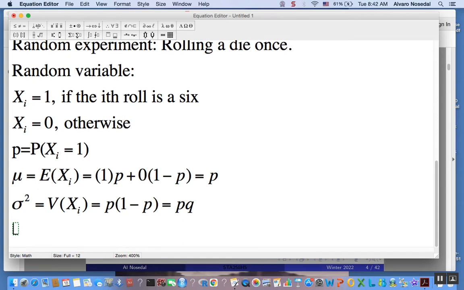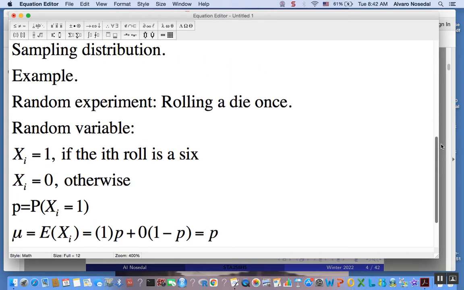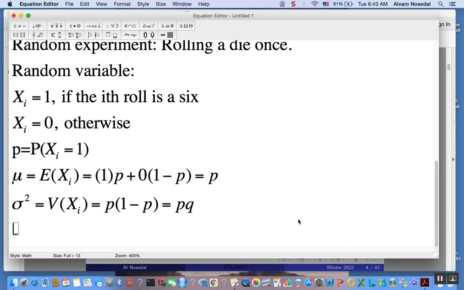So we have our random variable defined. Remember that we are trying to come up with an example of a sampling distribution, and a sampling distribution is just the probability distribution of a function of random variables, or another way of saying this, a function of our sample.